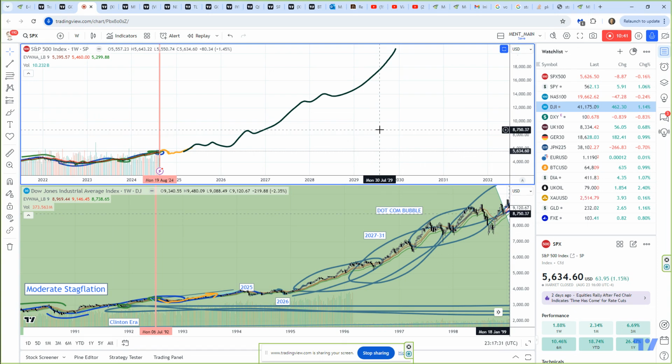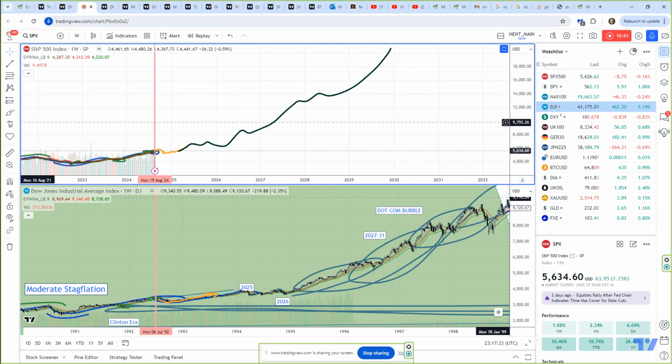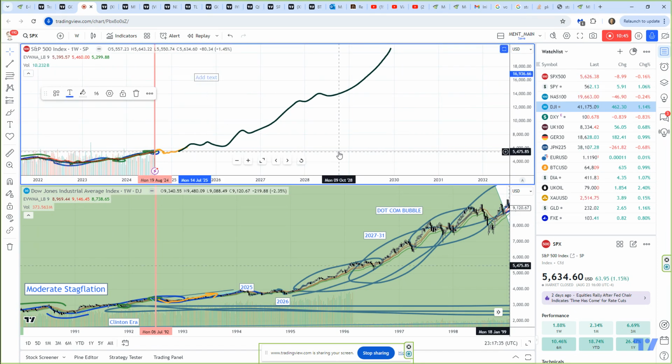Now, why is this important? Because this means that at some point we are going to see a dominant sector, tech, other, drive a massive rally phase, which may start in 2026.